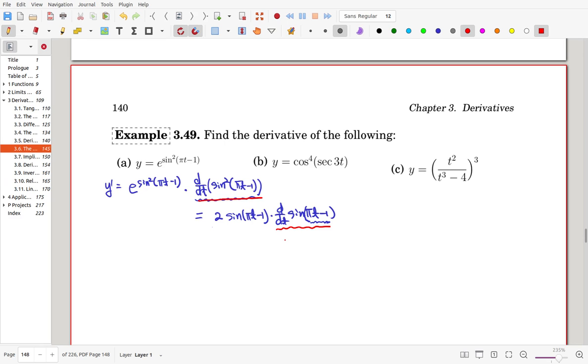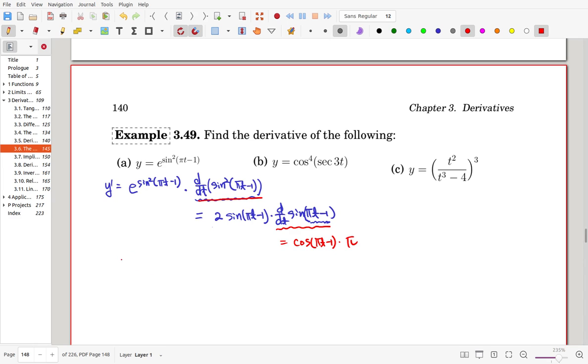Then this derivative will be cosine of the variable, pi t minus 1, and the variable's derivative with respect to t, which is pi. So for this problem, we use the chain rule once, and now here we have one more time the chain rule. So along with this multiple application of the chain rule, we reach that.